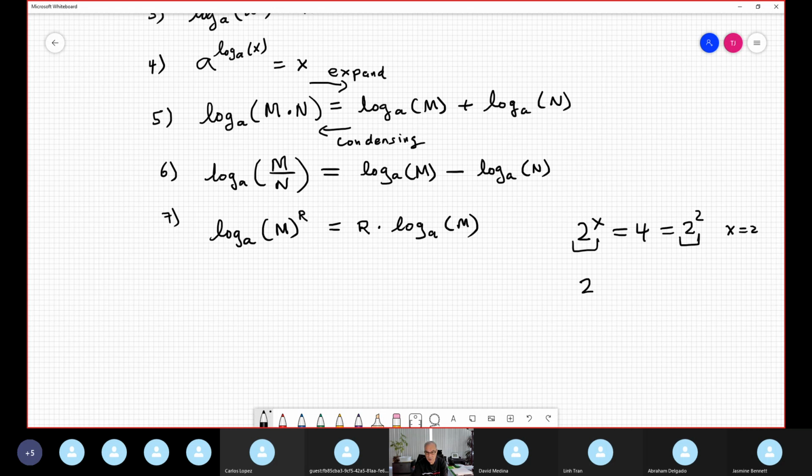You have this equation again, and you apply logarithm on both sides. ln 2 to the x is equal to ln 4. And magically, this exponent goes to the front as a factor.